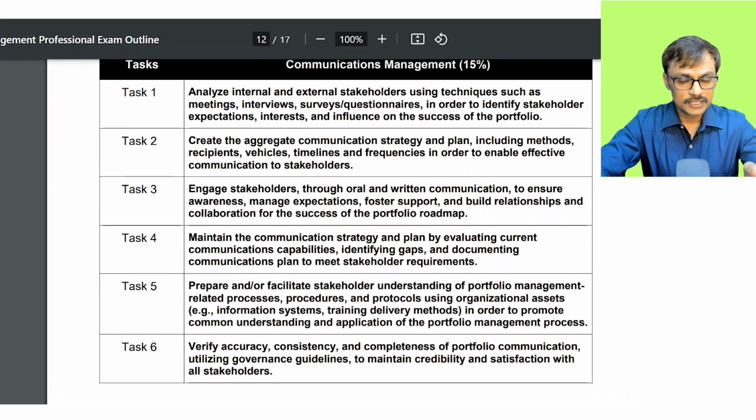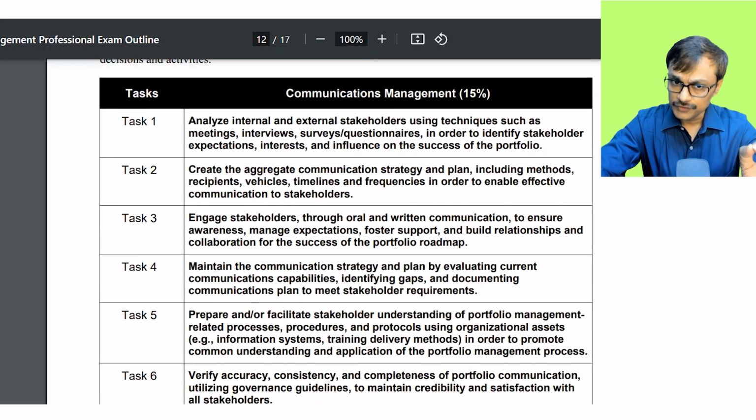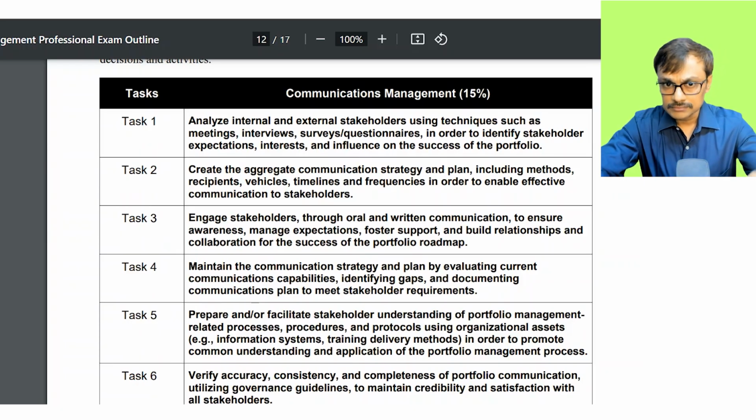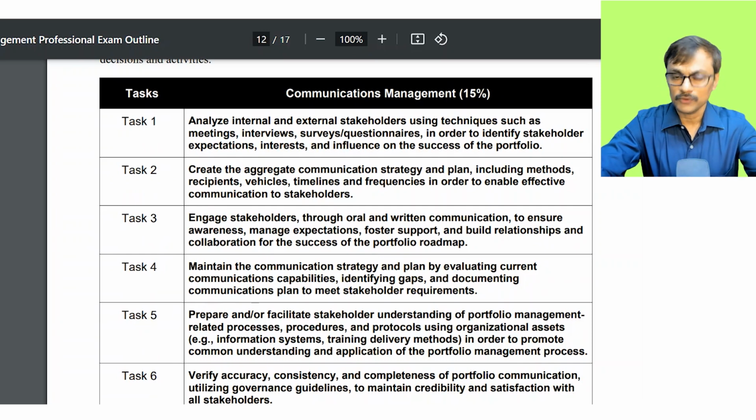This domain gives you around 15% questions, but communication and risk are two domains which easily get mixed up with other types of questions. So though 15% may look less, I recommend you spend good time preparing for communication management.